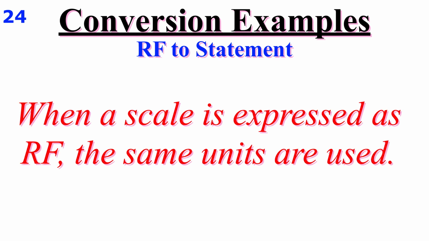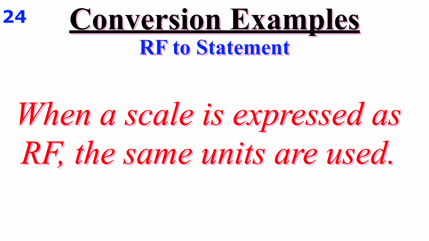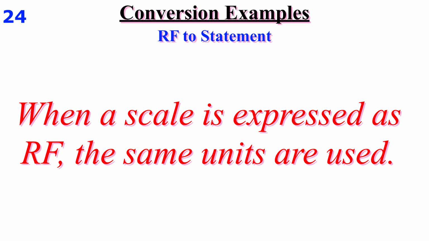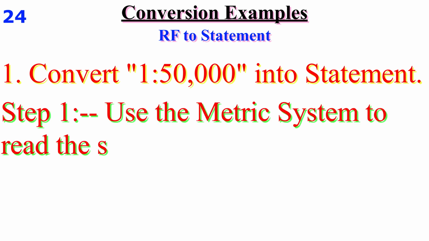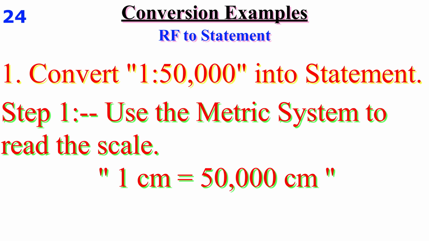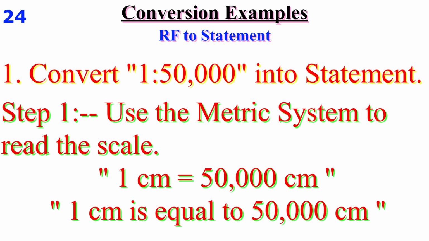Now, to convert representative fraction into a verbal statement. Remember, when a scale is expressed as a RF, the same units are used. Now, first example, 1 to 50,000 as a simple statement. Step 1. Use the metric system to read the scale. The scale is 1 cm equal to 50,000 cm.